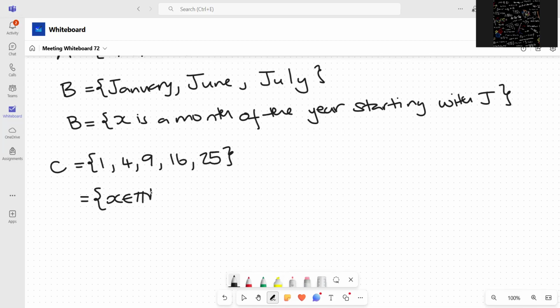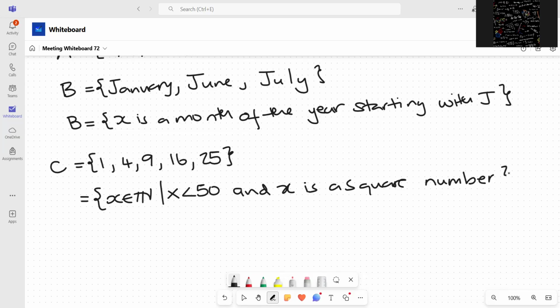So we're picking elements from the set of natural numbers. And we have X is less than 50. So we don't have any natural numbers less than 50. I mean, here we do, all our numbers are less than 50. And X is a square number. Okay, so that's one way of writing it.